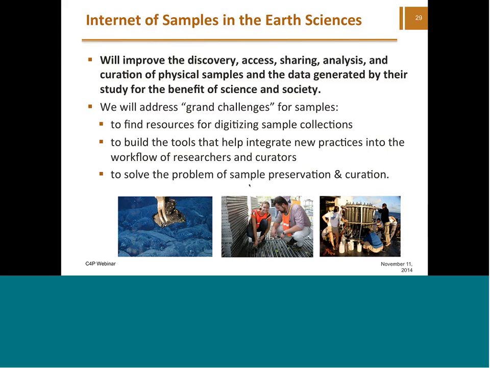And that is to find resources for actually bringing all the sample collections into the digital world and making them accessible online, to build the tools that will help really implement the new practices into the workflow of researchers, and then, solving the problem of sample preservation and curation with all the resources needed to support the dissemination and preservation of samples. So thank you, and I'm happy to answer any questions.